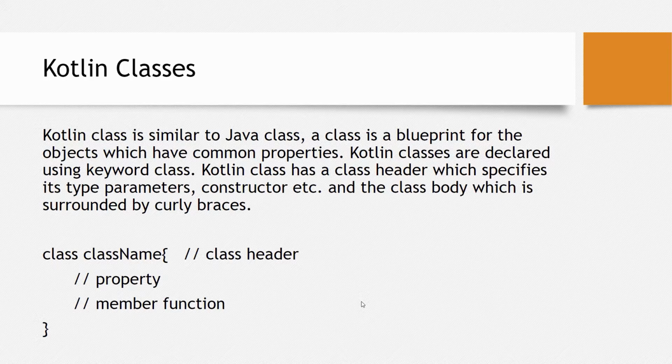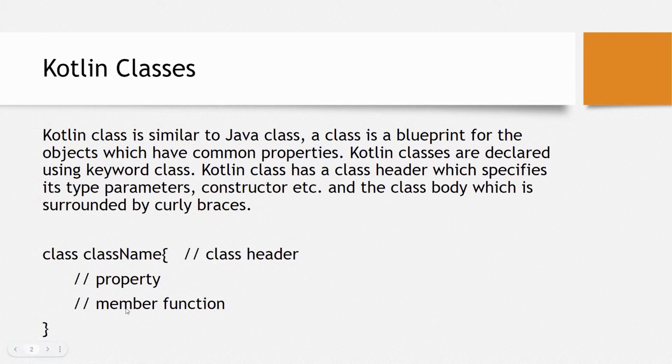Now what we do is we create a class. Basically, in the Kotlin programming language, how do we create a class? As you can see here, first we write the keyword class, then the class name. It can be any name, a building or whatever.